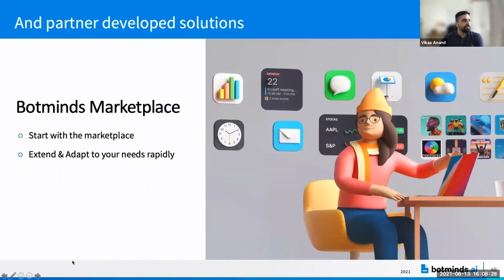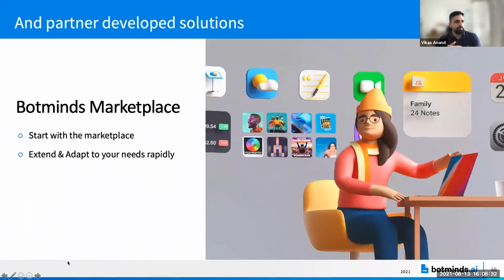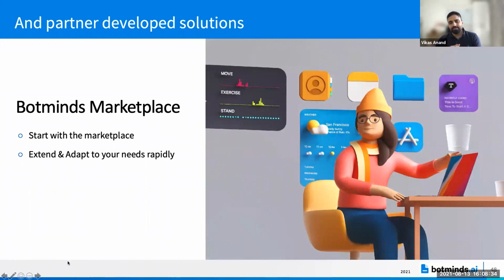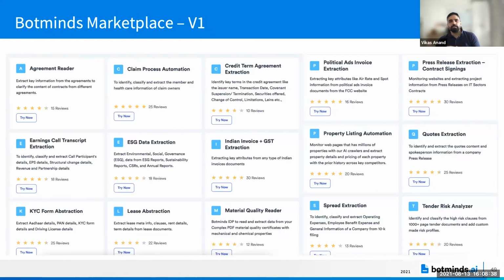In a variety of different ways. One of the things that we have recently launched in terms of our capability is the marketplace. This is at a very first stage. So if you go to botminds.ai and you look at the marketplace there, you will see a lot of material that is available to you. At the moment, it is at V1. V1 is where we first showcase all the things.